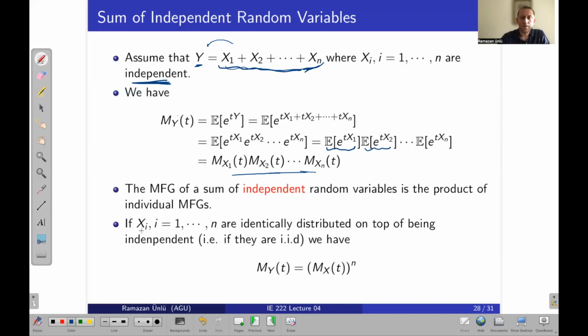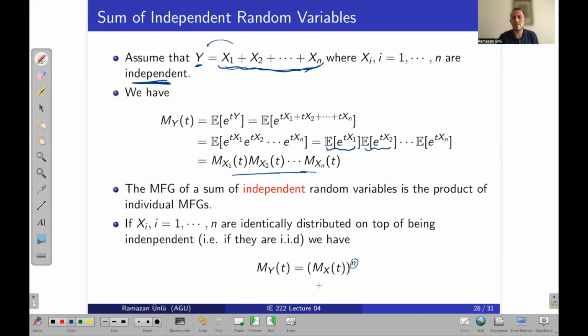Also, if Xi, with i from 1 to n, are identically distributed, so they are independent and identically distributed, we have in general form that the moment generating function of Y will be the moment generating function of X to the power n.